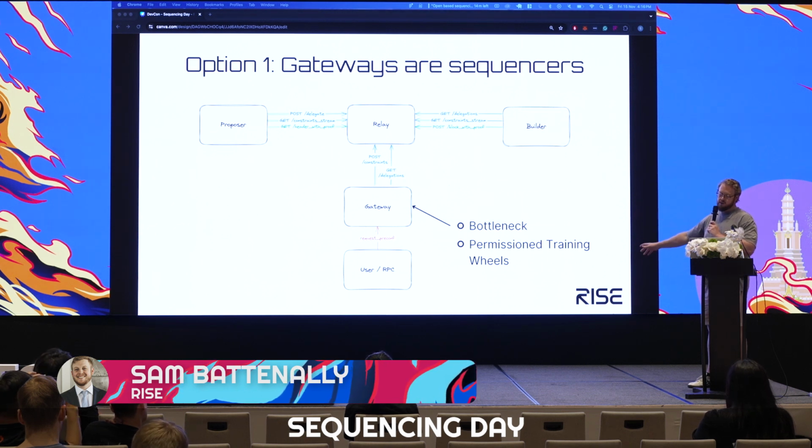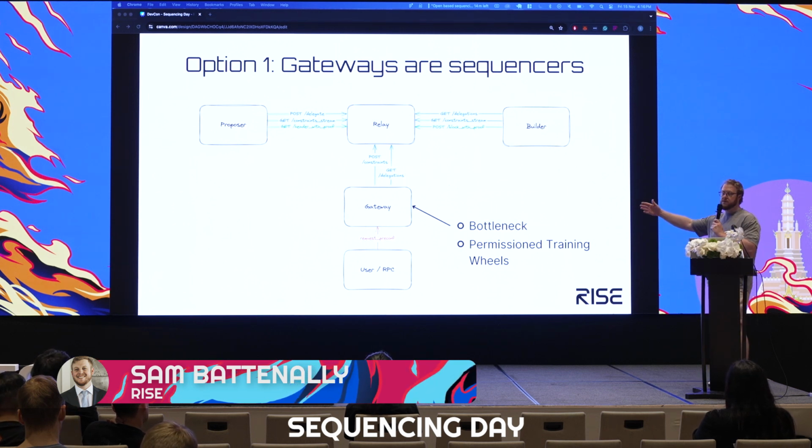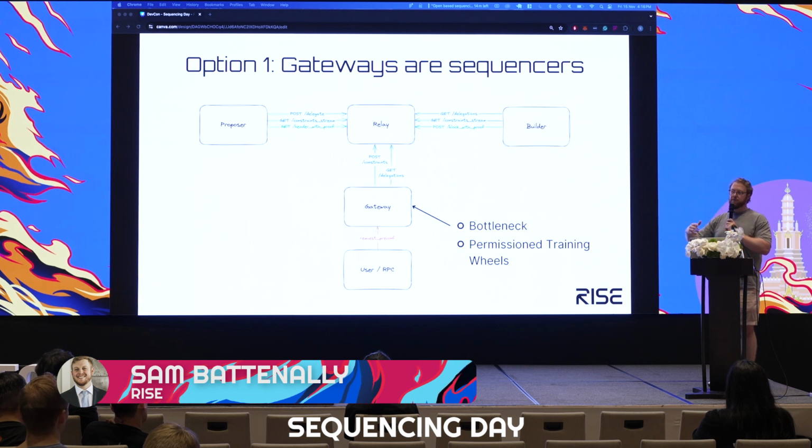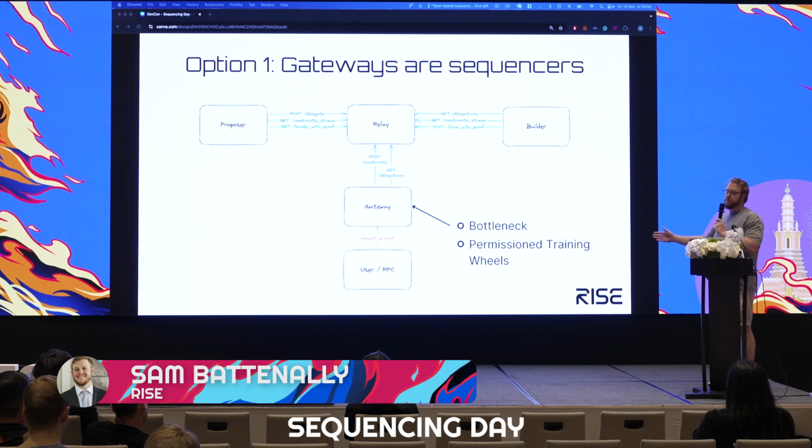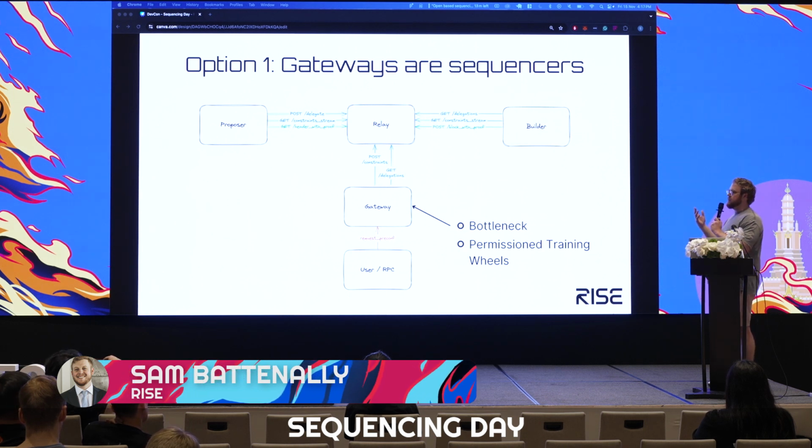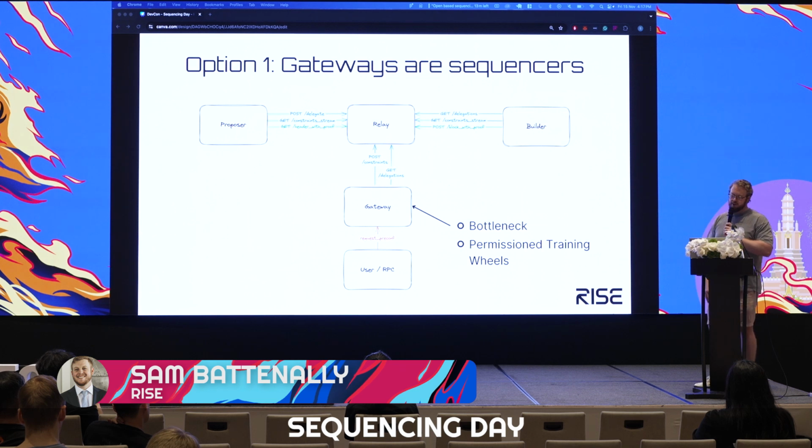The first concern about this is it becomes a bottleneck. We're putting the requirement on a single gateway to provide the sequencing for potentially thousands of based rollups. But let's just say 10 rollups is probably too much of an overhead, particularly for a rollup like Rise that's trying to hit 100k TPS. That alone is going to be a pain for the gateways to run.